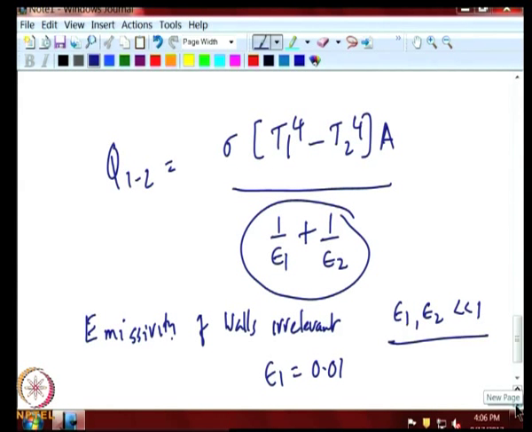So, this is an example, and in the last class we saw how providing a shield to a thermocouple also reduces the error in the estimate of heat transfer. So, this is an example illustrating the use of electrical analogy and simple approximations to simplify the problem that we encounter in solving problems.